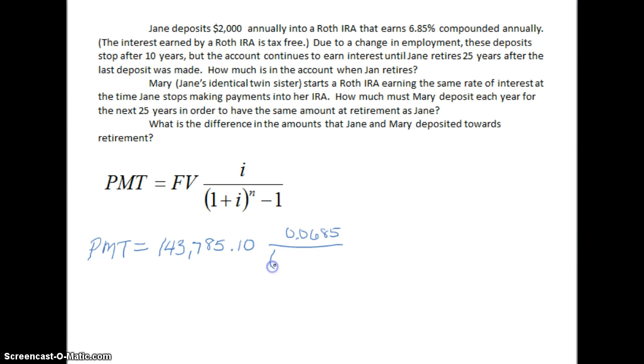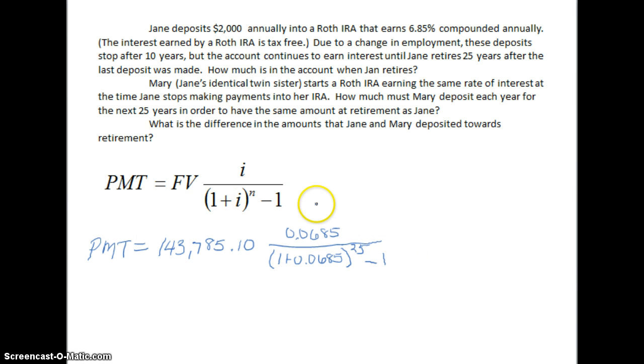And substituting values into the denominator, 1 plus 0.0685 to the n power. Now we have here that this is going to happen for 25 years. So all those 25 years while Jane's money is just sitting there, Mary is contributing.